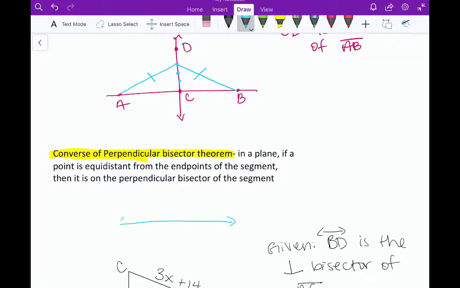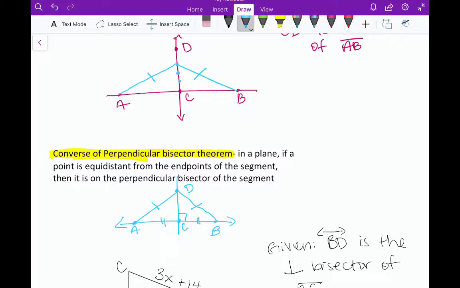So if I have a line here, and I'll call this segment AB, and then I have a point here, we'll call that point D. If this is showing that AD is congruent to DB, then that must mean that D is on the line that is the perpendicular bisector, meaning that this is also congruent to that.